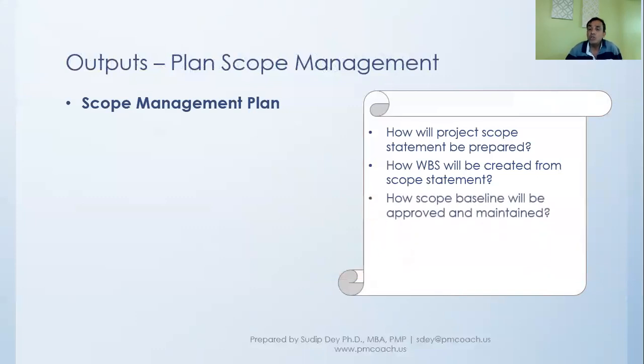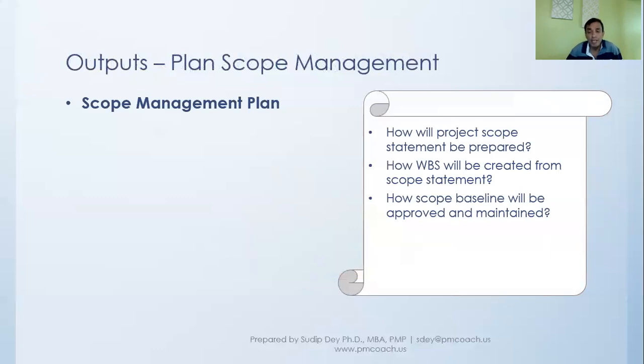Then the scope baseline, because we said that in the scope management process we'll eventually come to the scope baseline. Once we get the scope baseline, how will it be approved, and then how will it be maintained? Because even after putting together the scope baseline and after approval, there will be changes that will keep on coming in.